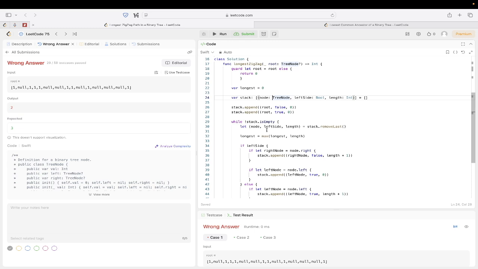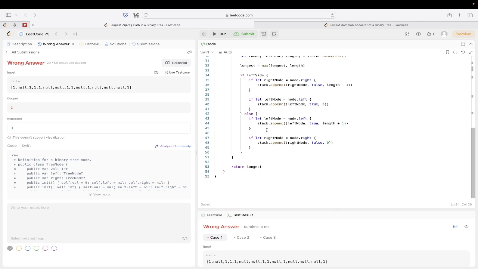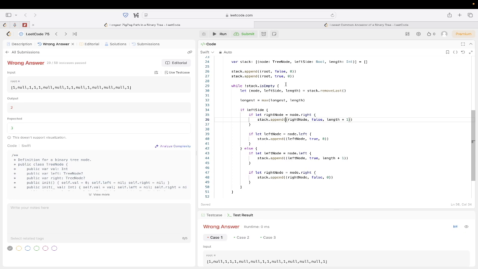Okay, so we're letting node remove last. We have our max length. So it has to be somewhere in here. If we came from the left, we should go right to continue to zigzag, right node, which is node right.